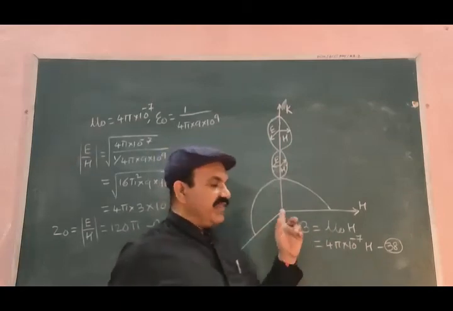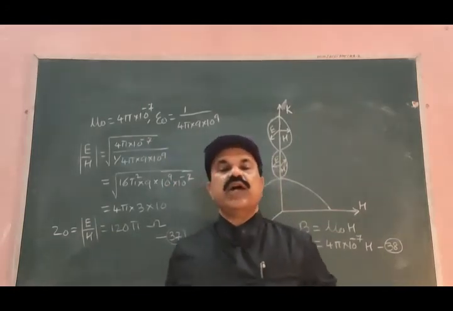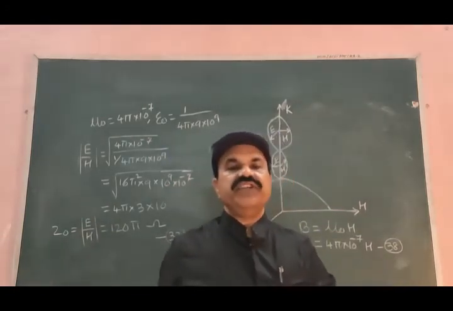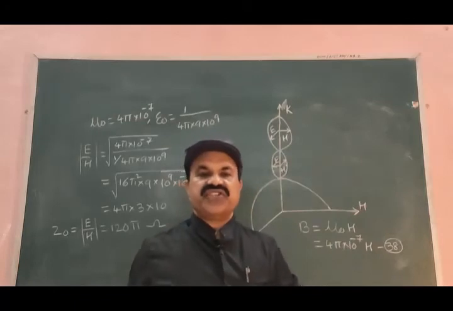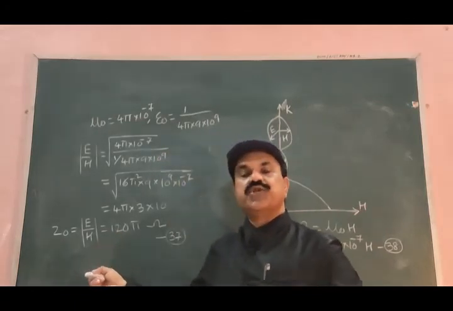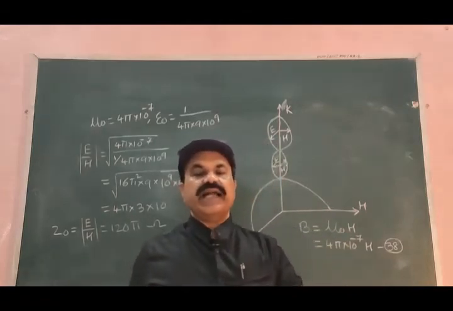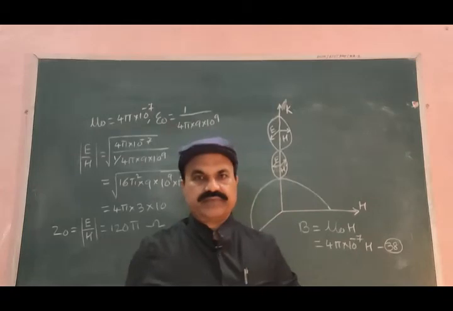Okay, so these things can be studied from the orthogonality of the three vectors E, H and K, and also from the ratio of the moduli of the electrical component E and the magnetic component H.